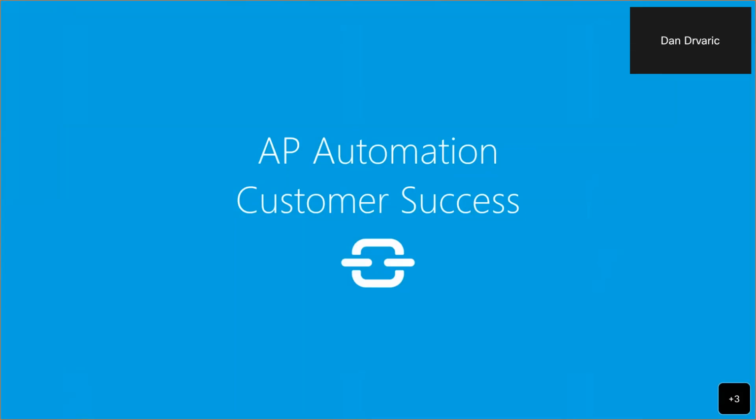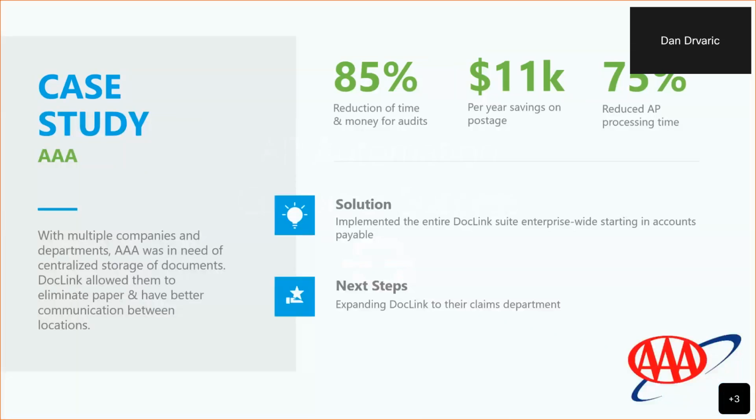And talk for just a moment about a couple more success stories. AAA, the American Automobile Association. If you take a look at the top line there, you see there was an 85% reduction of time and money in audits. That goes back to one of those slides that we used in the introduction, talking about the value of automating accounts payable.